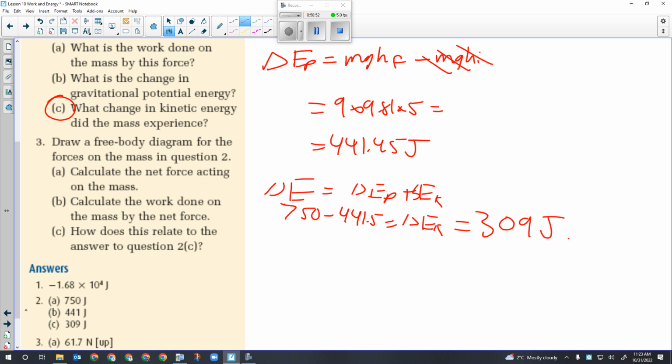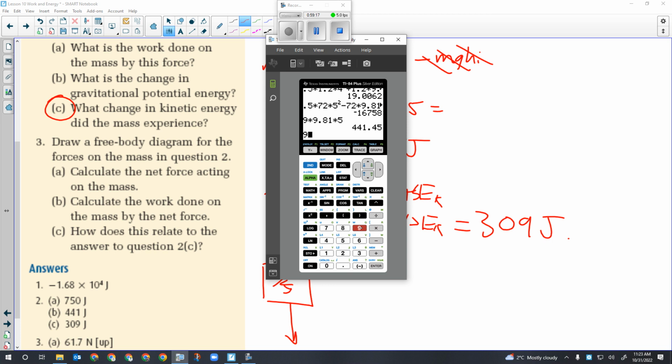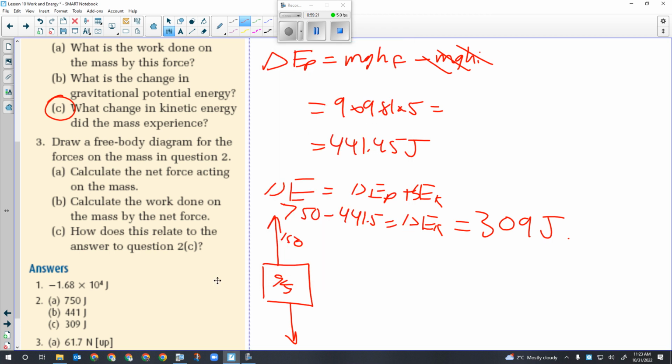Now, I just want to quickly look over something in number 3. It says, draw a free body diagram and calculate the net force acting on the mass. This is essentially an elevator, yes? We were using 150 newtons up. The thing only has a mass of 9 kilograms, so the force of gravity down is only 88.29.